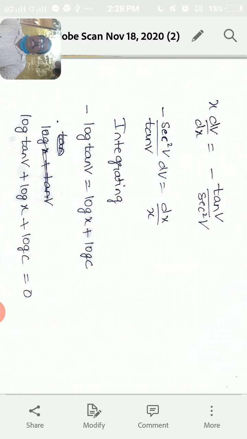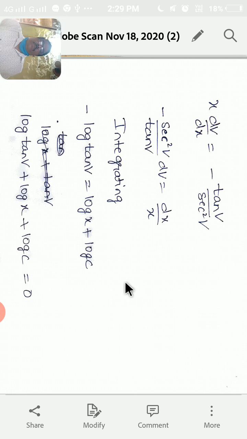Now making variable separable, what we get is −(sec² v / tan v) dv equal to dx/x. Now integrating, the numerator of this term is the differential of the denominator, so its integration is log of the denominator, so −log tan v is equal to, integration of 1/x is log x plus the integration constant, that is plus log c.